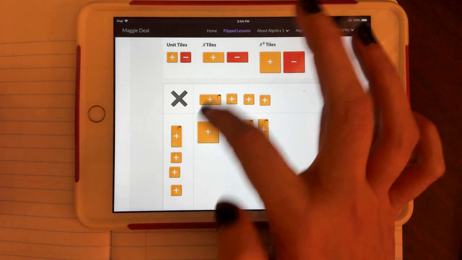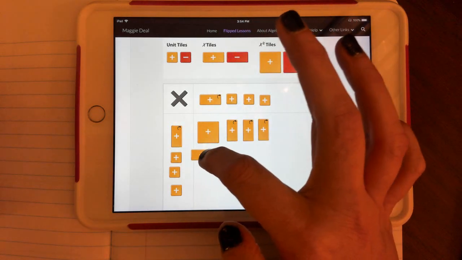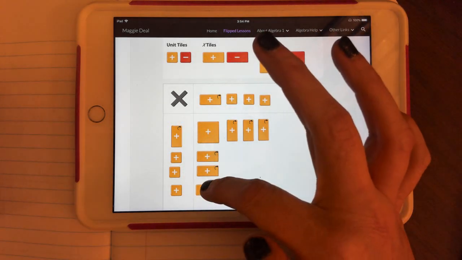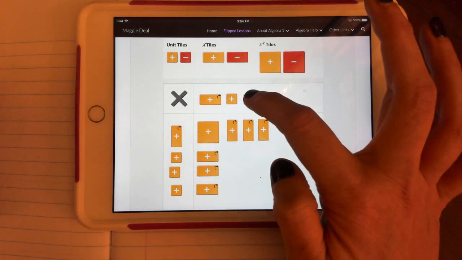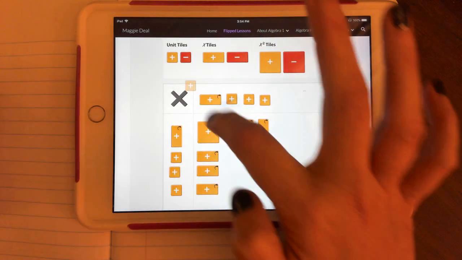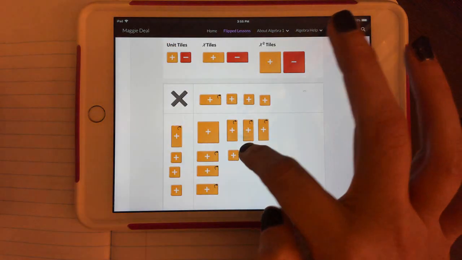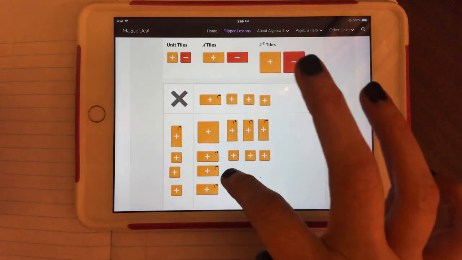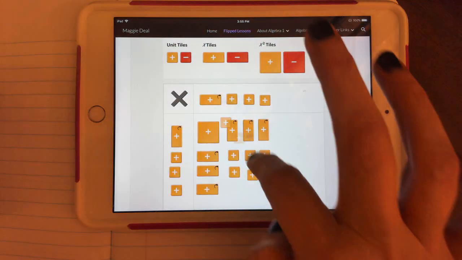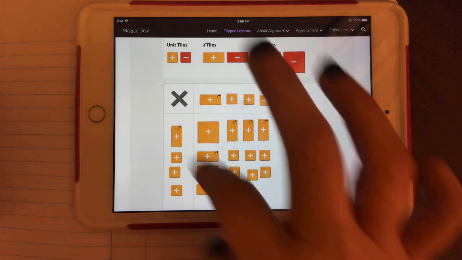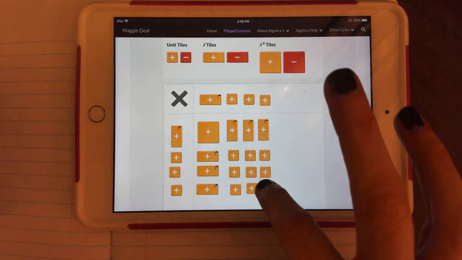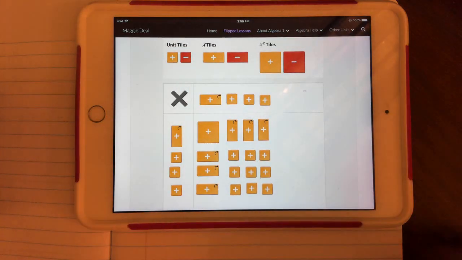Now we're going to do x times 3, which is 1, 2, 3 x's. And then 3 times 3, which is so many tiles: 1, 2, 3, 4, 5, 6, 7, 8, and 9. Okay, so this is our tile.